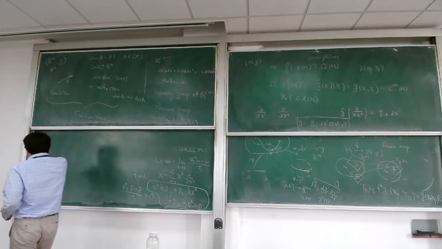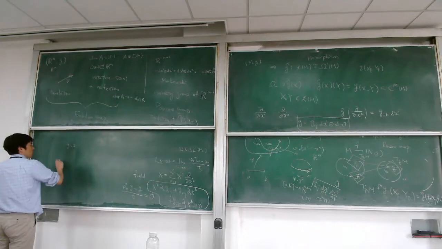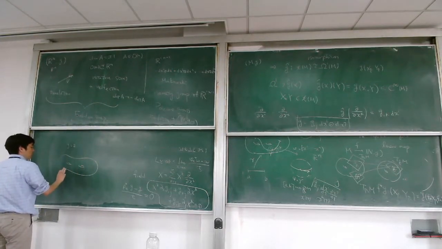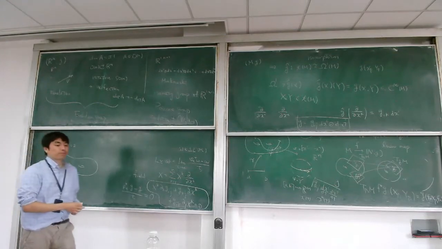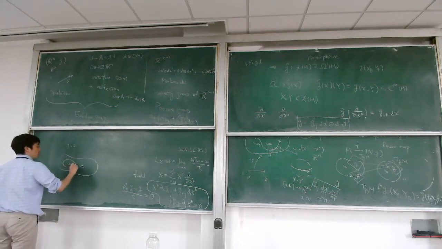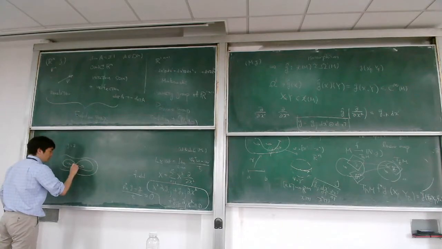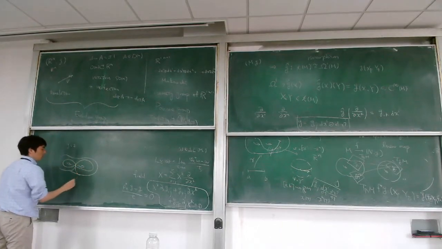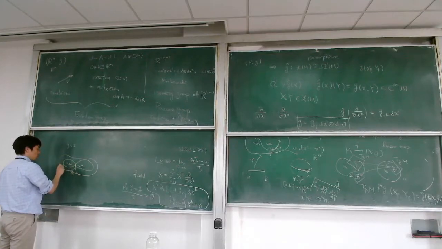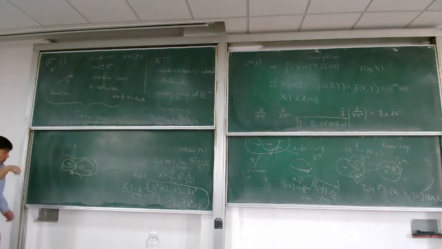So I'm going to explain that, for instance, genus 2 can decompose the following way. So you can cut.